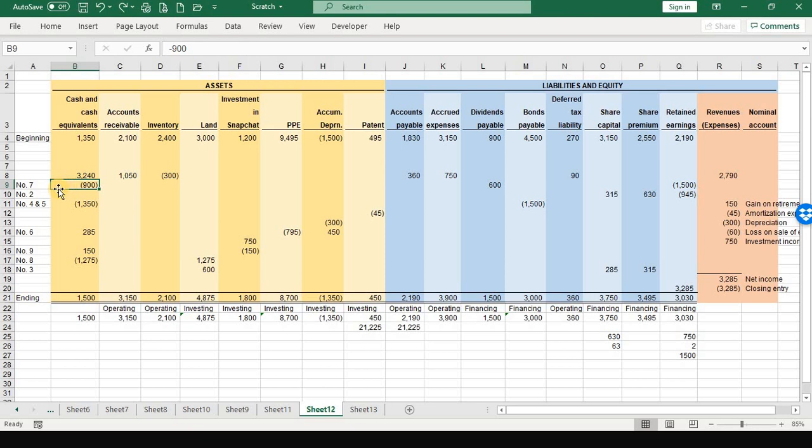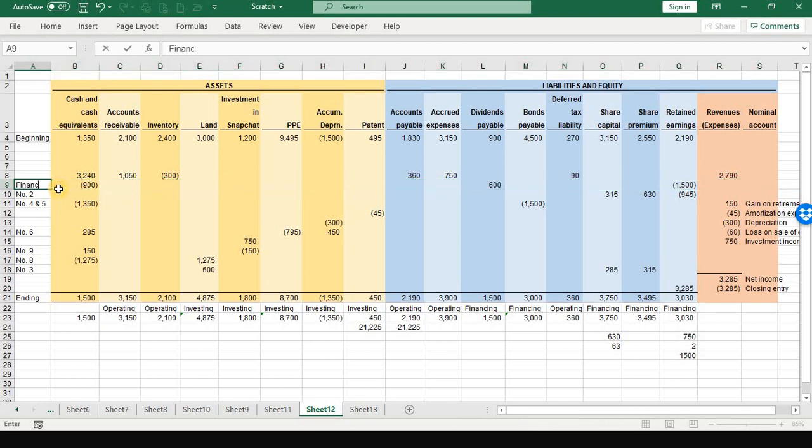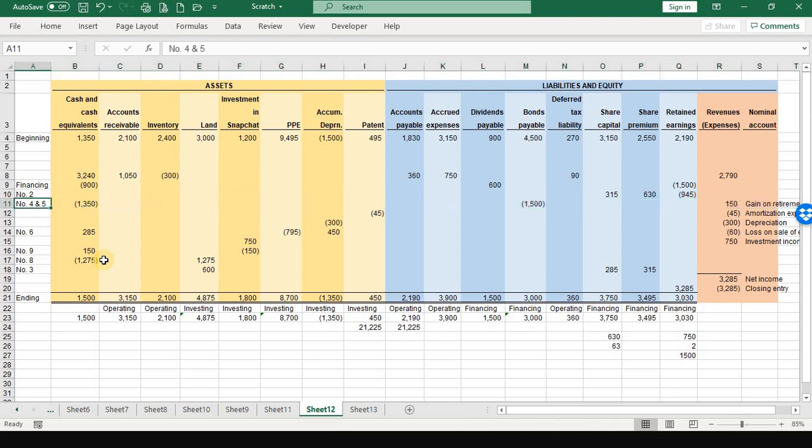So the 900 is related to the dividend payment, and dividend payment is classified as financing. Next is the 1,350. The 1,350 is the retirement of bonds payable, which is also a financing transaction.